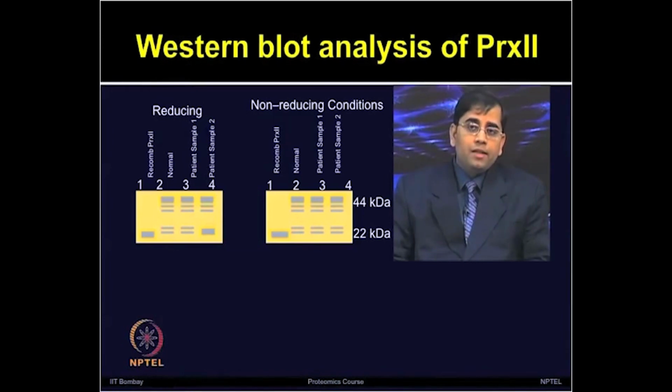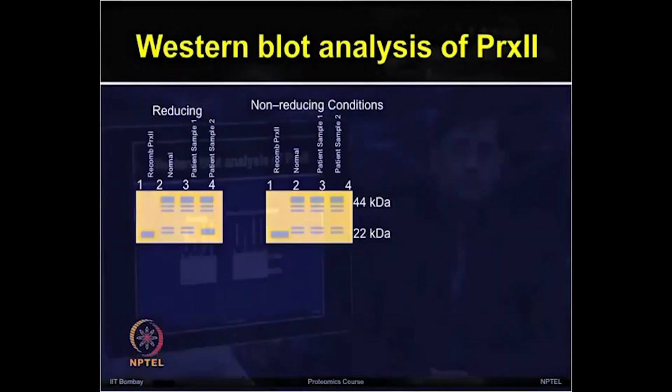The Western blot result showed that PRX2 is present in the monomeric form at 22 kilodalton, as you can see from the molecular weight mentioned in the slide, in the reducing condition, and in the dimeric form at 44 kilodalton under the non-reducing conditions.